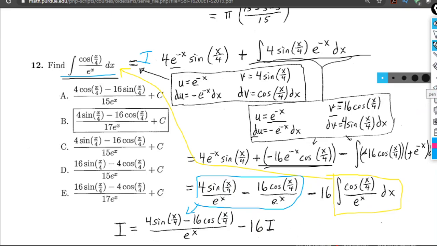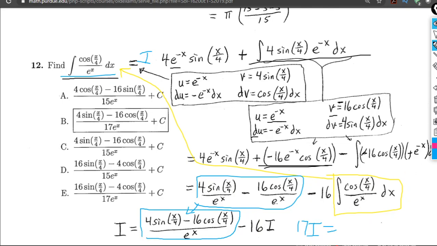So in this case, you're just seeing I as an independent variable, and so we move the 16i over, it would be 17i equal to this thing.